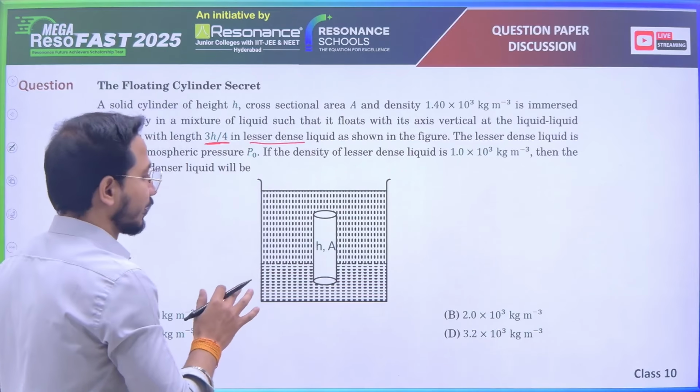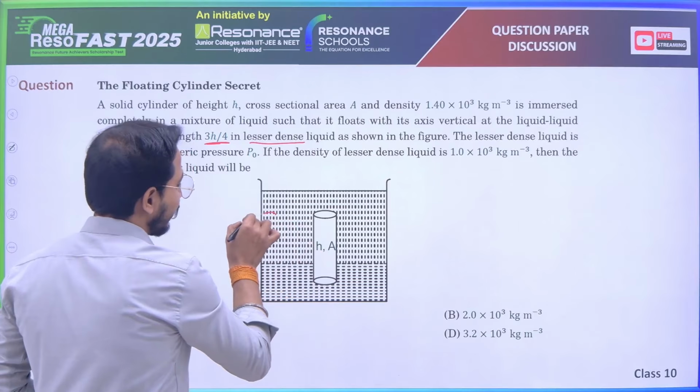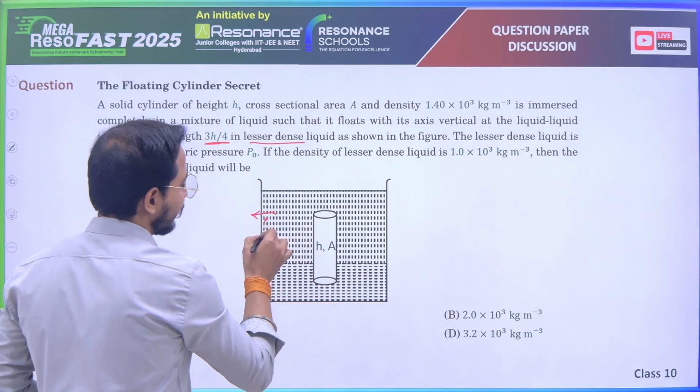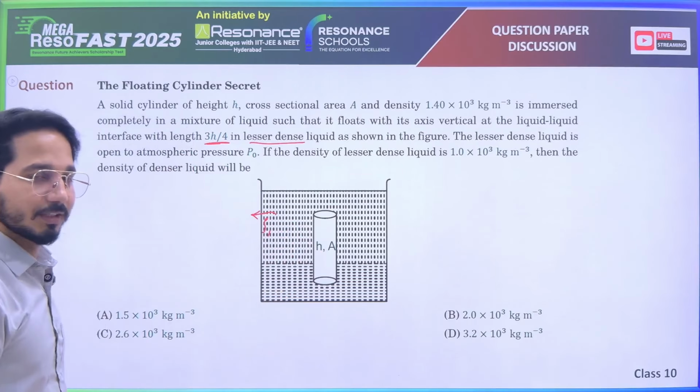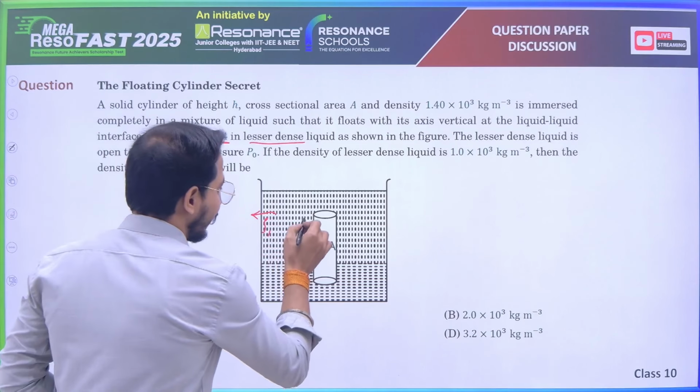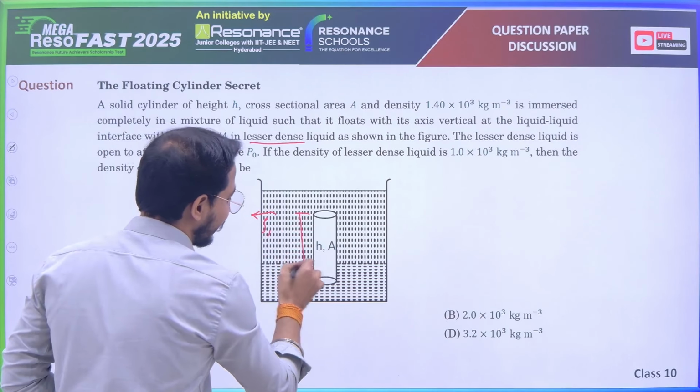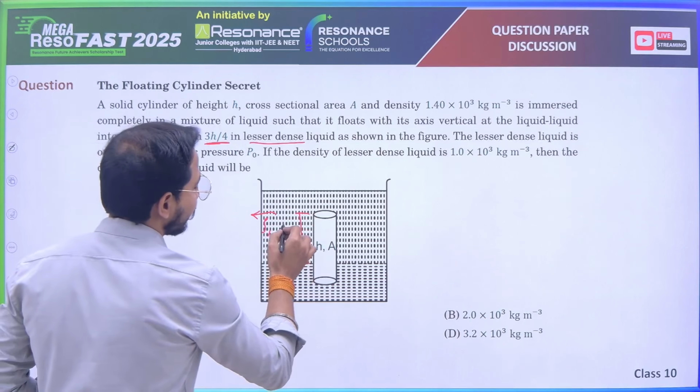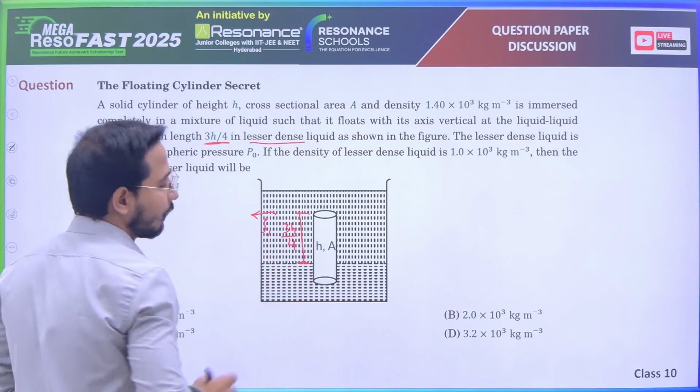So in the question the density of the less dense liquid is given, right? And it is saying that this cylinder is immersed in the less dense liquid. How much part is immersed? 3h by 4.